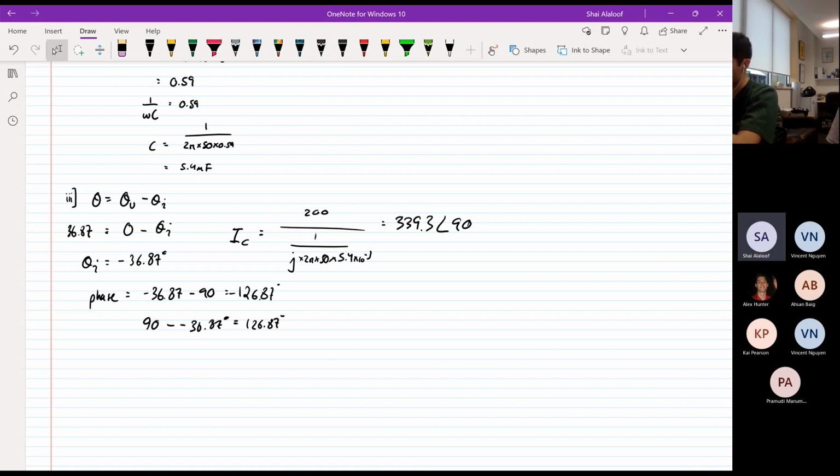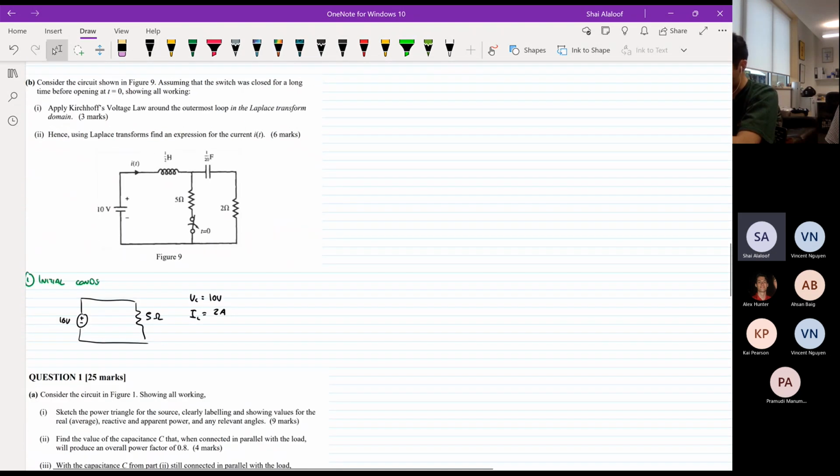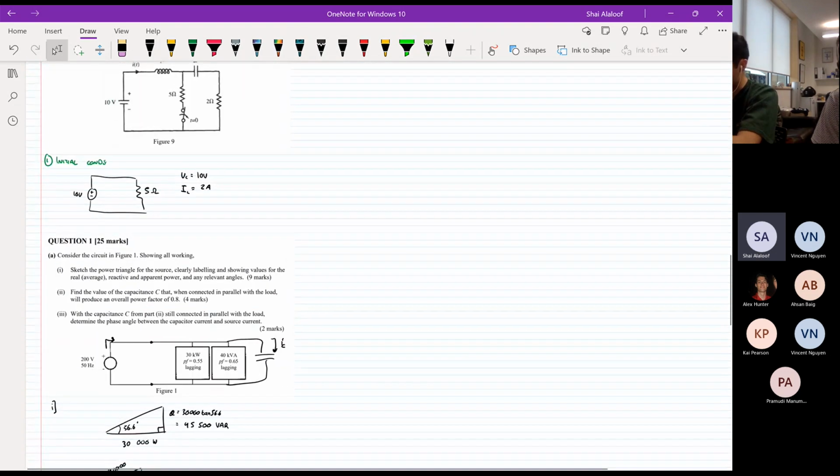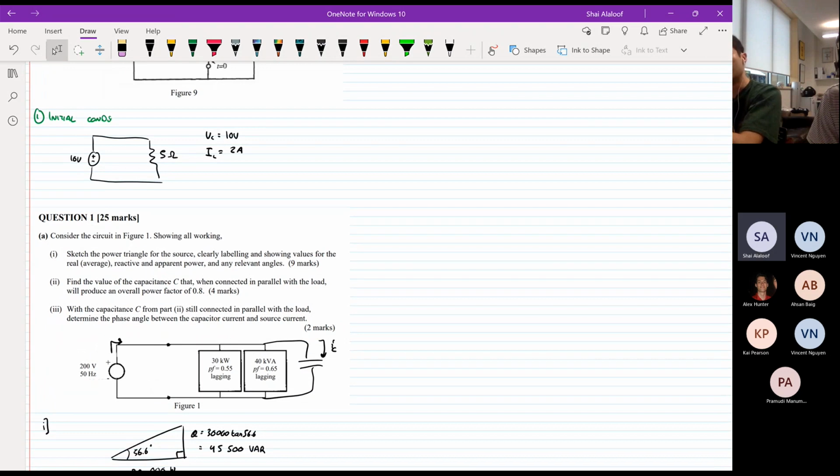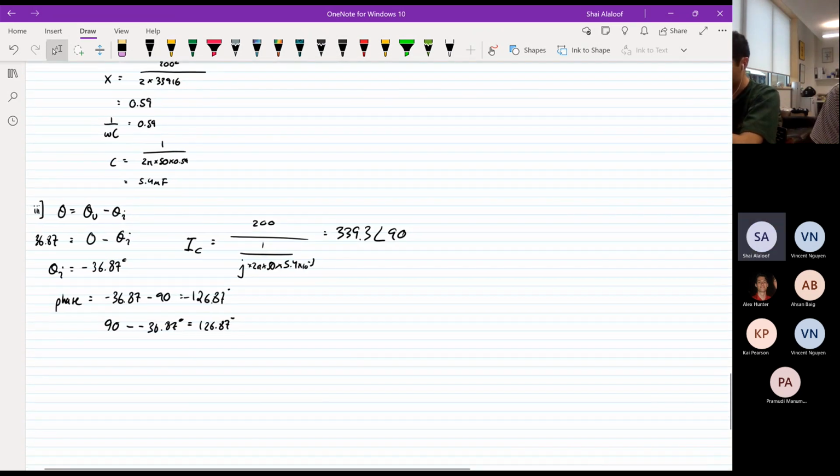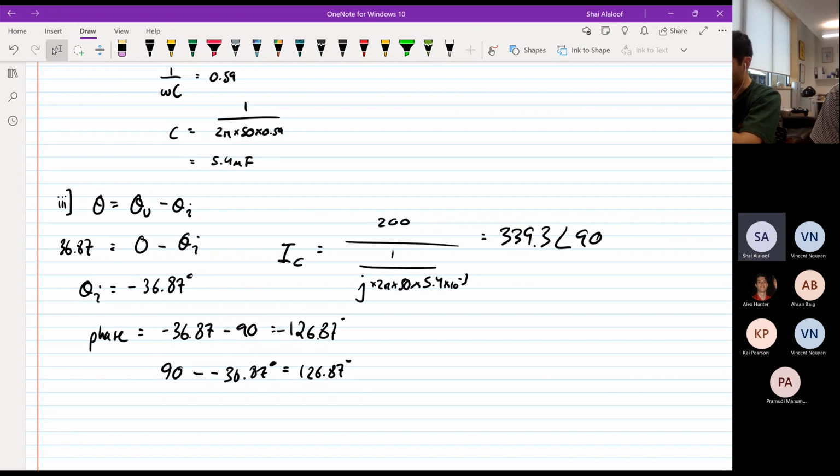Maybe you're right then, that it is the voltage. What did it say? The capacitor current and the source current. Yeah, I would think it would be. When I looked at the solution, it had 126.87. So I was going off of their answer.